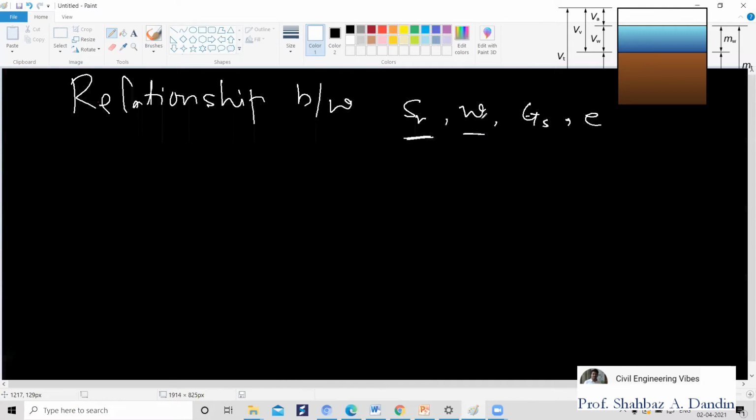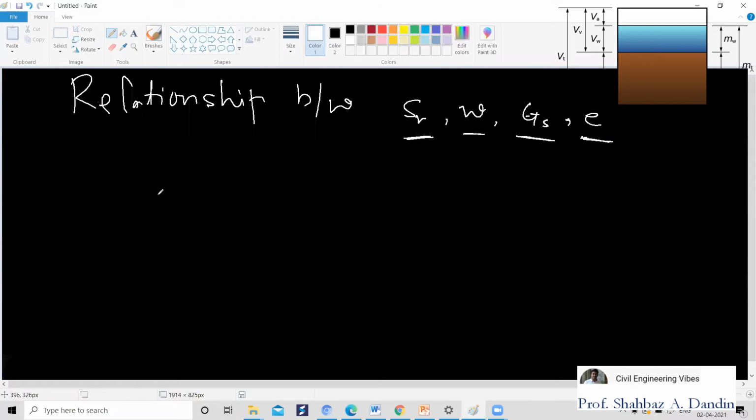Yes, good. Small w, what will you call it? Not weight, capital W is weight. Small w is water content. Gs is specific gravity, and small e is voids ratio.